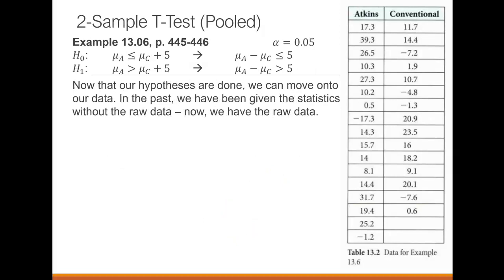Now, in the past, we've been given processed statistics to use rather than just raw data. Here we're given raw data. So what are we going to have to do? We'll process it on our own, right? What do we need to do our t-test? Mean and standard deviation for each sample set, right?